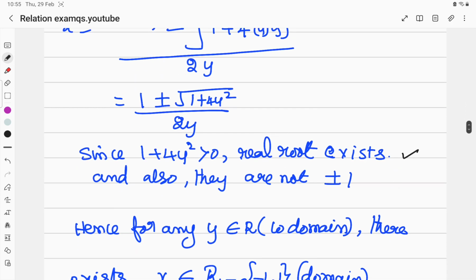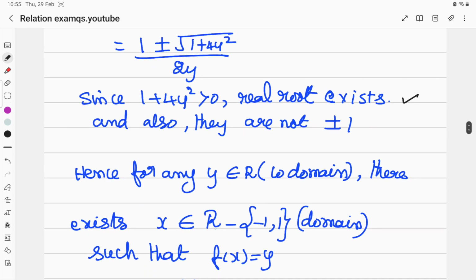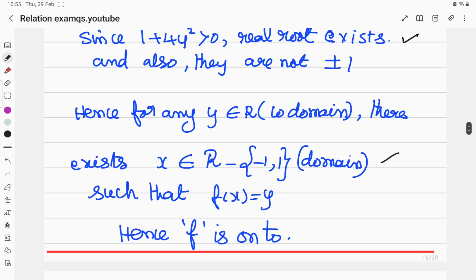Hence, for any y belonging to R, there is an x belonging to the domain R minus {-1, 1} such that f(x) = y. Hence, f is onto.